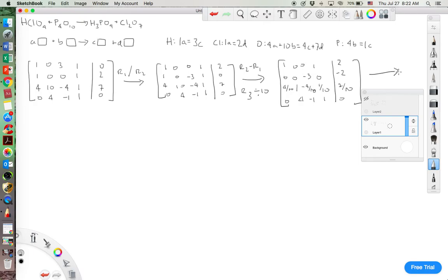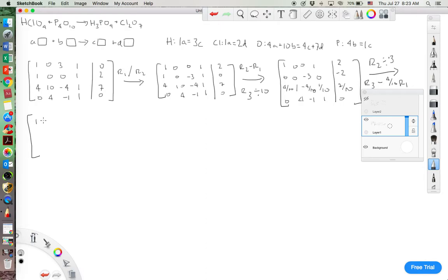Let's divide R2 by negative 3 and subtract 4 tenths R1 from R3. Dividing R2 by negative 3, we're going to get a 1 here. And then by taking R3 and subtracting 4 tenths R1, we're going to have 4 tenths minus 4 tenths. We'll get a 0 here, we'll get a 1 here, and again, we'll move closer to the identity matrix on the left.